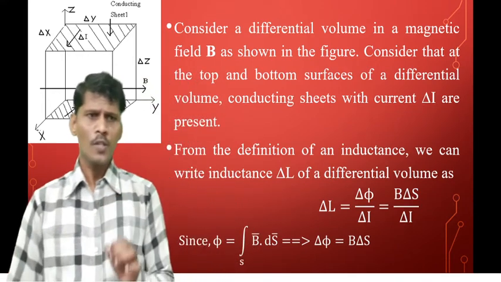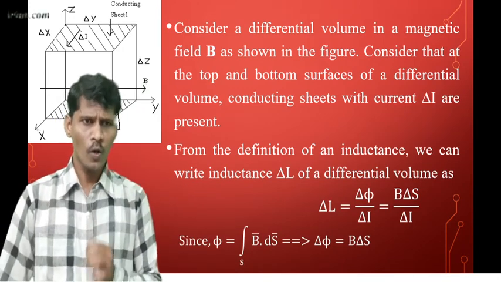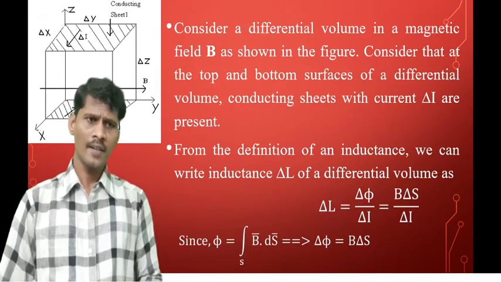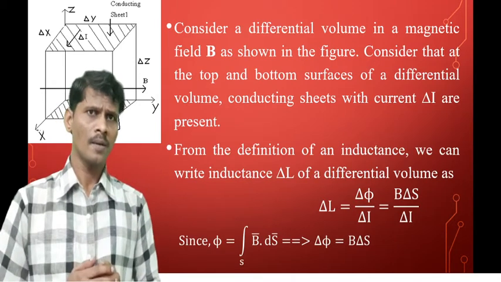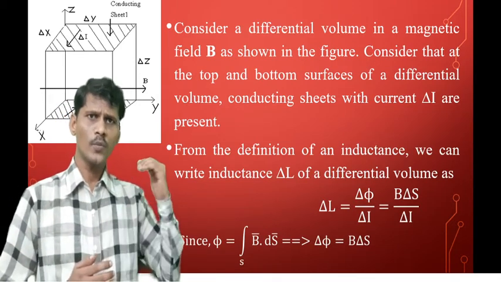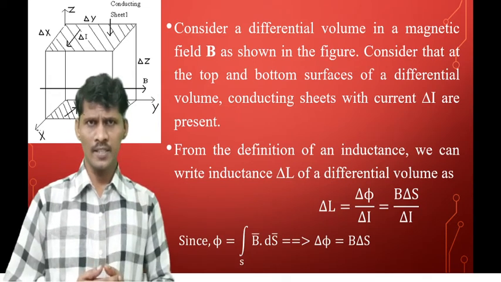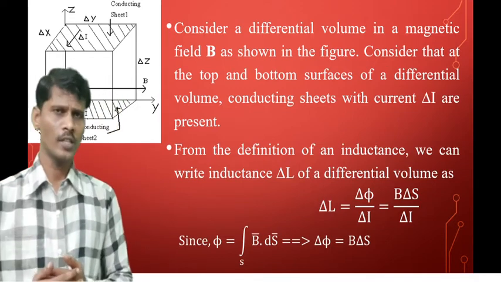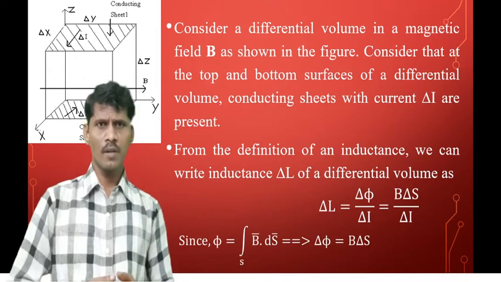From the definition of inductance, we can write the inductance of a differential volume as delta L equal to delta psi by delta I, where delta psi is the magnetic flux, which is the magnetic flux density times the differential surface area, that is delta psi equal to B into delta S, where the flux passing through the surface is given by psi equal to the surface integral of B bar dot dS bar.